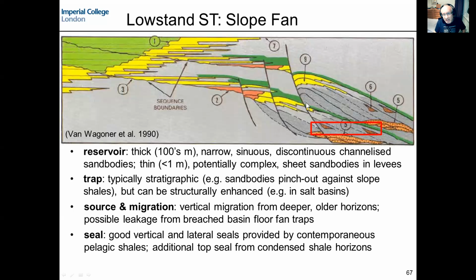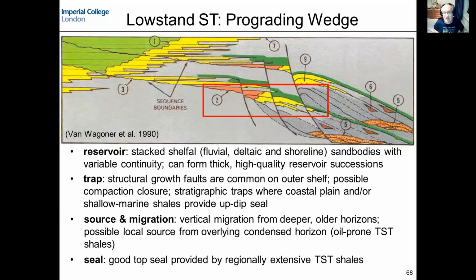The seal in here, well, these condensed mudstones are typically rich in clay. So those have the potential to be good top seals. And of course, any sandstones in the slope can also be sealed by finer grained rocks immediately around them in these slope fan systems.